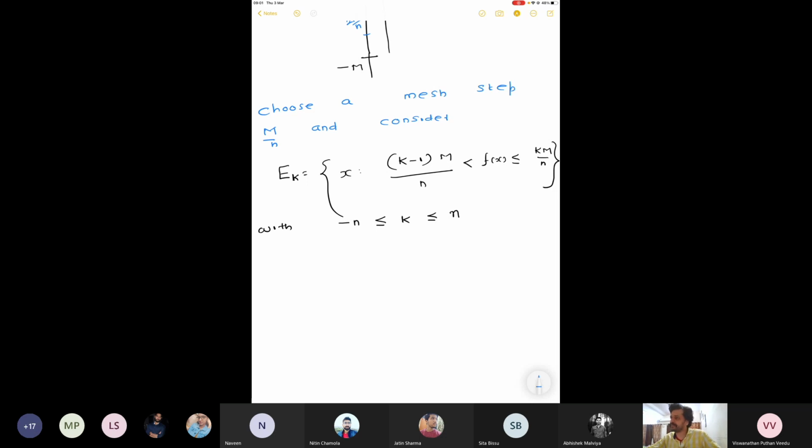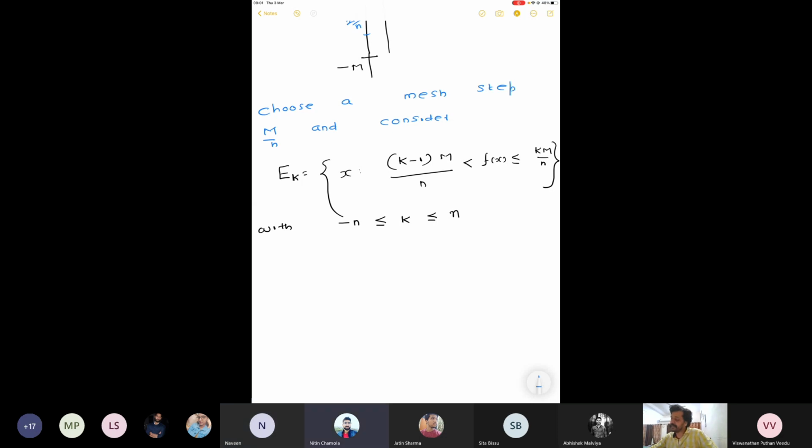And Ek plus 1 consists of f(x) between the next suitable numbers. Like that, you have from E minus n to E n. Do you see that these are all disjoint?